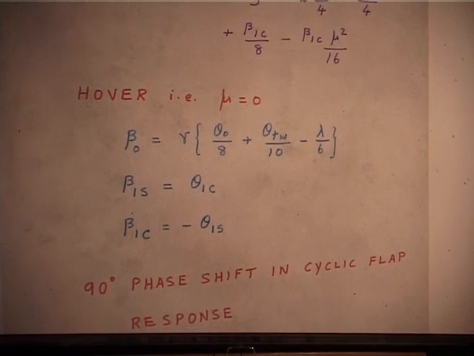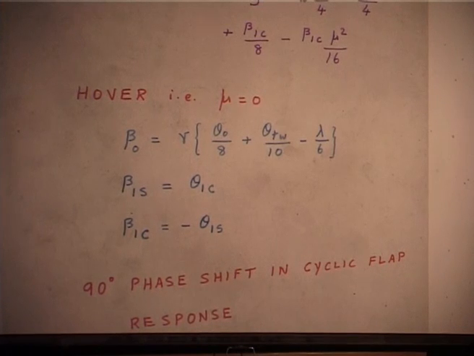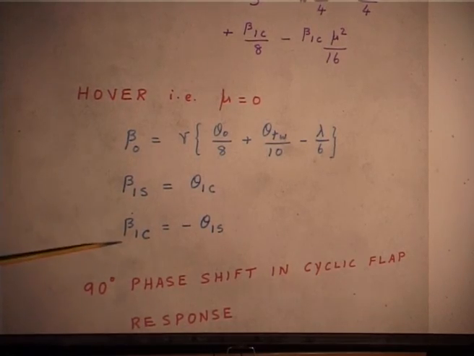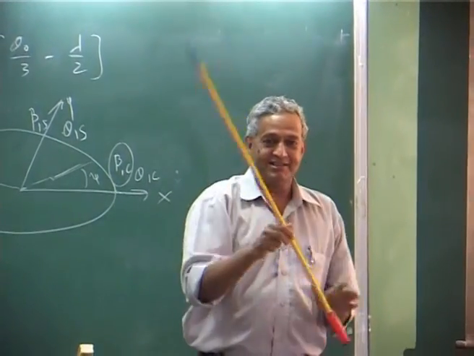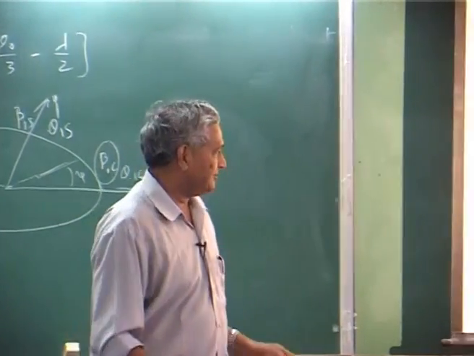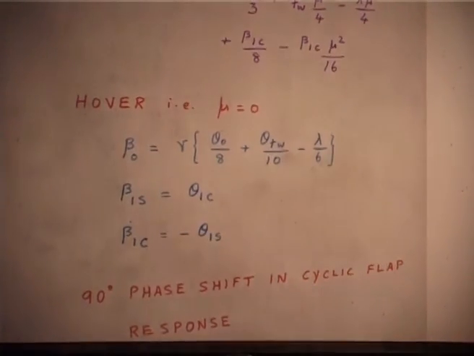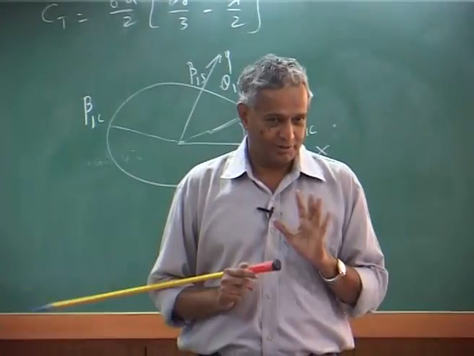Whereas, if my theta 1 S is negative, negative means I am reducing my pitch angle at 90 degree, then what? Beta 1 C is positive, that means the blade will go up at the back, at the 180 it will come down. So, there is a phase shift of 90 degree between input and output.